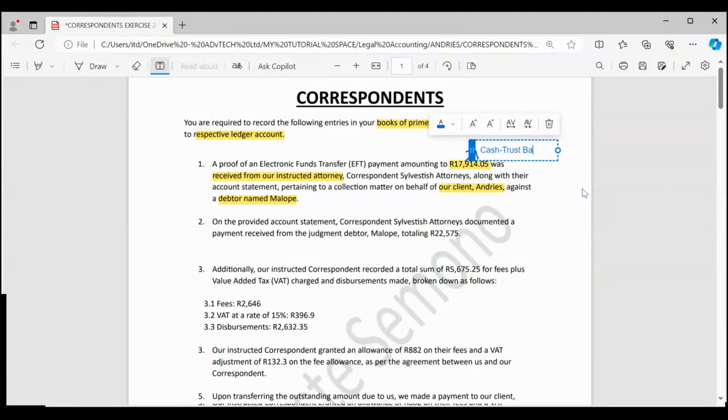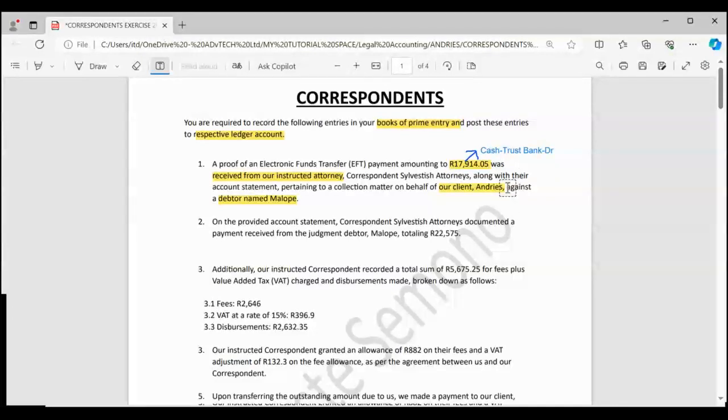So the trust cash book is going to be affected, and obviously this trust money will be debited, because we are receiving cash which belongs to our clients.